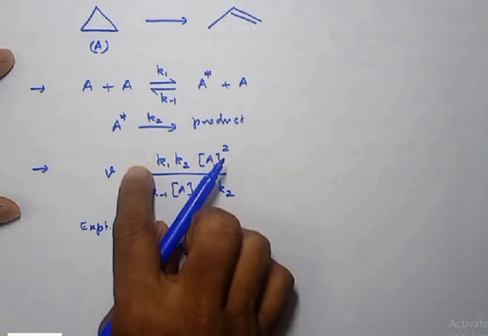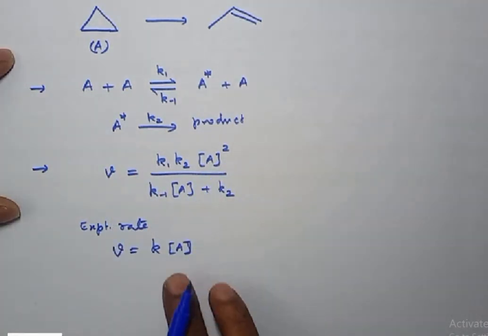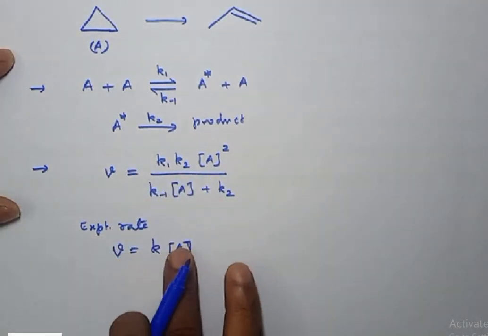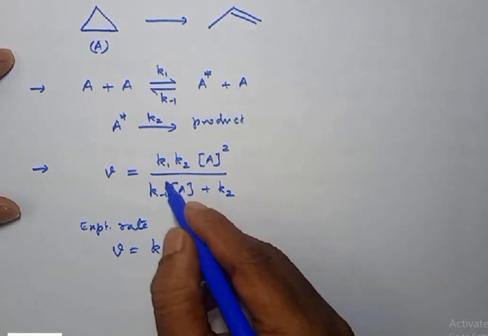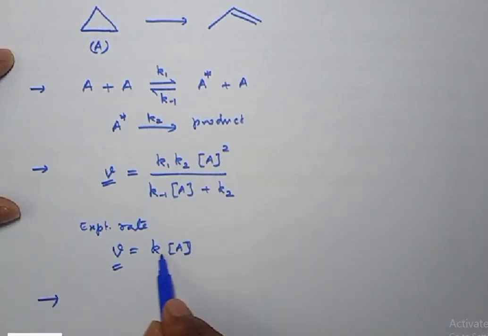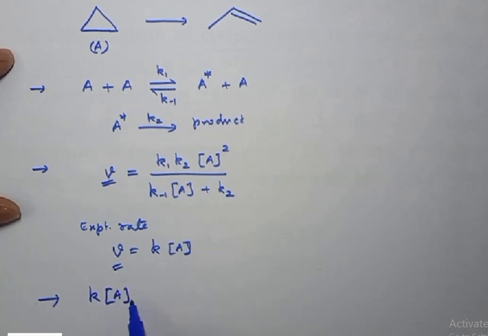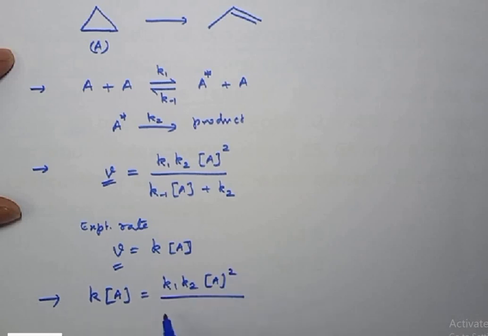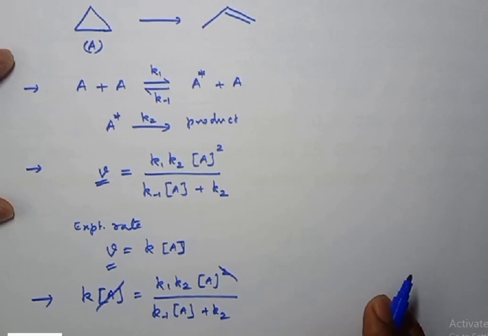Now, since these two are supposed to be equal, I'll equate them, taking this as the left hand side and this as the right. Isn't this V and that V one and the same? If I equate these two, what we get is K[A] is equal to K1 K2 [A]^2 divided by (K-1 [A] + K2). This [A]^2 can cancel.